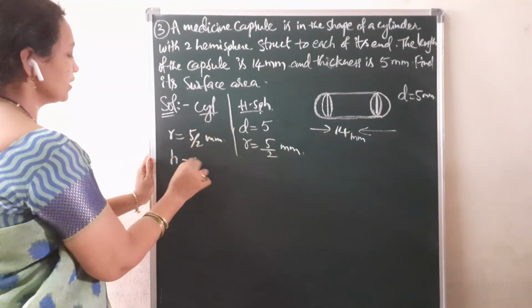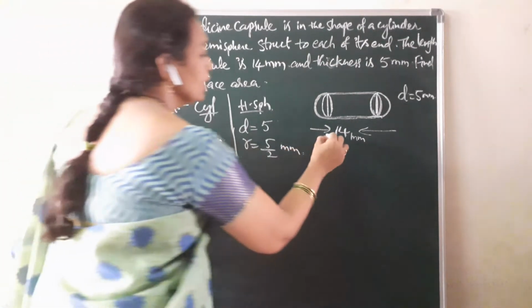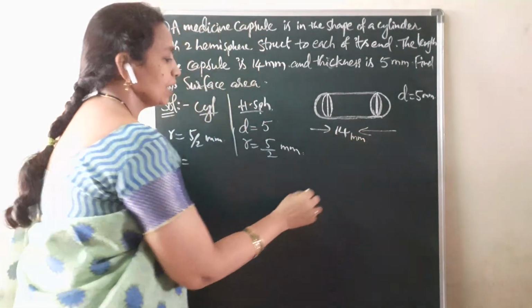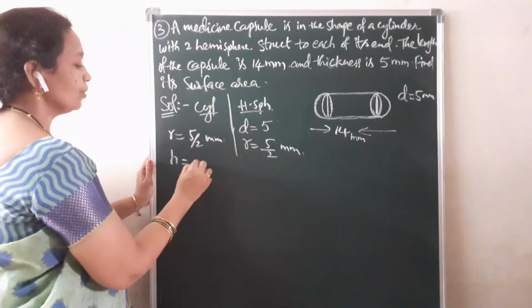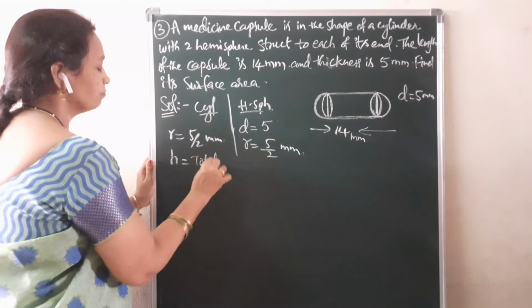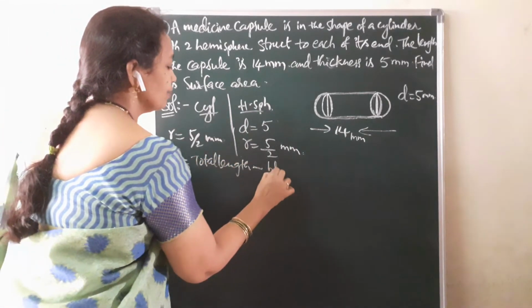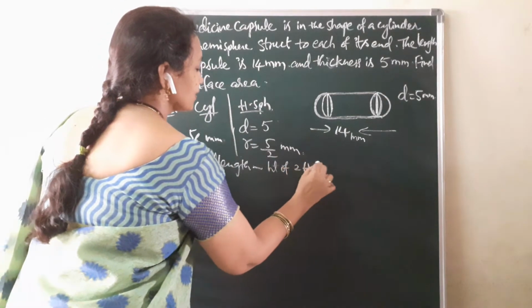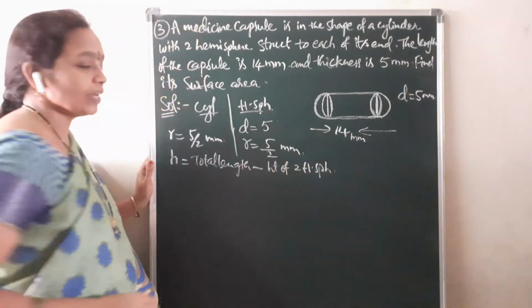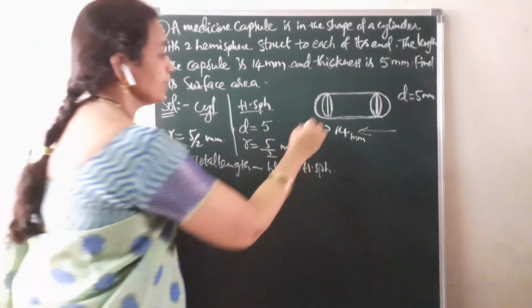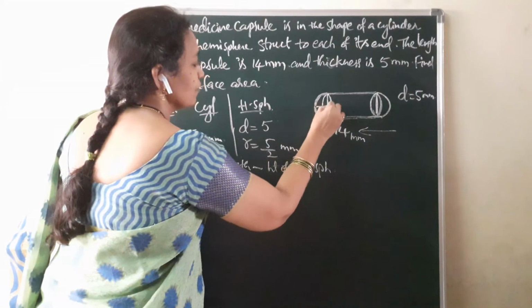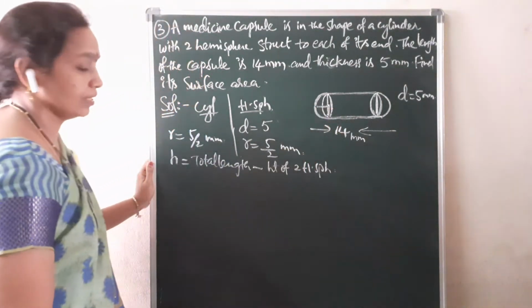The height of the cylinder is the total length of the capsule, 14, minus the heights of the two hemispheres. The height of a hemisphere is nothing but its radius.